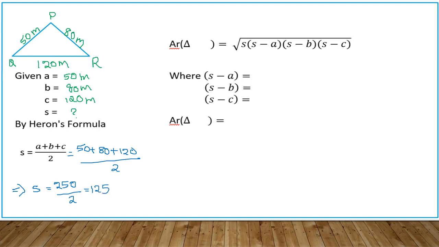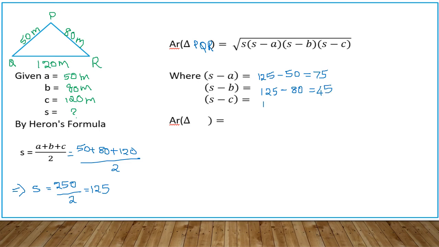Now to find the area of triangle PQR, first we'll calculate the values of s minus a, s minus b, s minus c. So s value is 125, a value is 50. 125 minus 50 is 75. Next, 125 minus 80 is equal to 45.